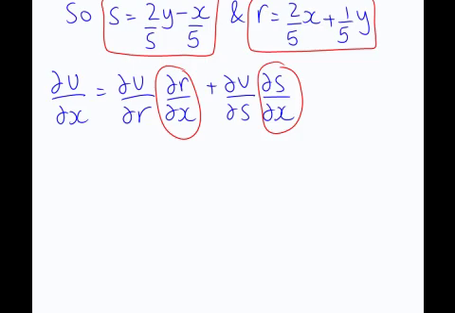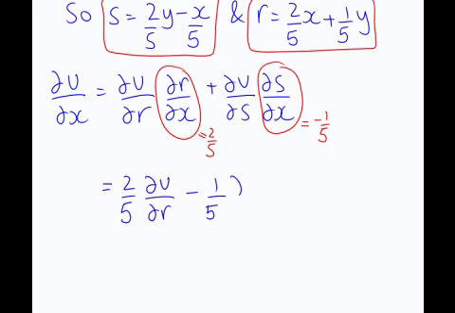Partial dr by dx, I hope you can see, is 2/5, coming from the second boxed result, and partial ds by dx is minus 1/5, coming from the first boxed result. So now I can write down the answer, with the constant terms first. It's 2/5 partial du by dr minus 1/5 partial du by ds. And that is the first partial derivative of u with respect to x.